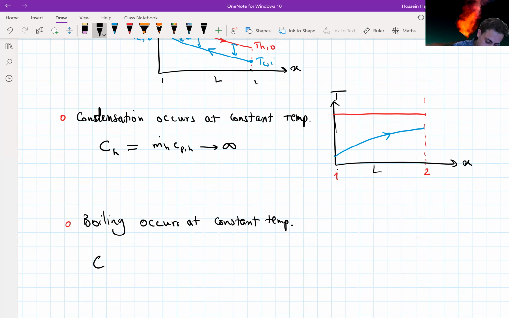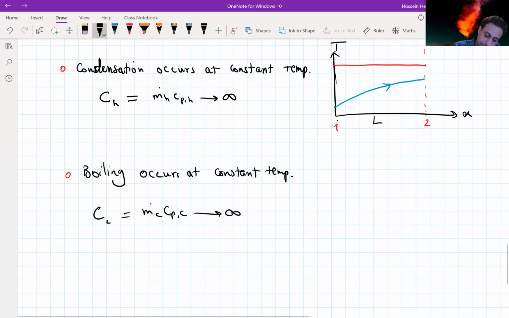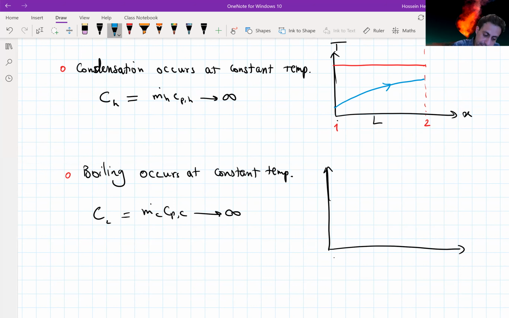And again, for practical application, m dot c Cp c is going to go to infinity, and the temperature profile for the case that we have boiling is going to be constant temperature between points 1 and 2 for the length of the heat exchanger, and the hot stream is going to just lose heat. So this is going to be for the hot stream.